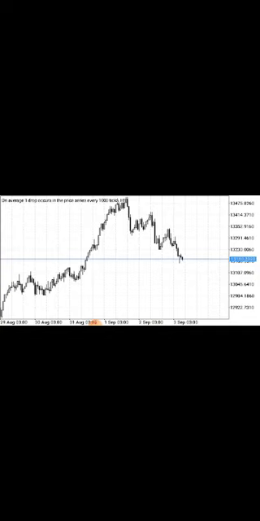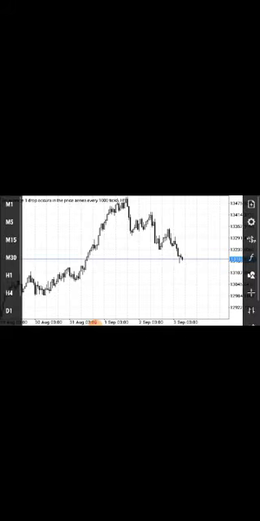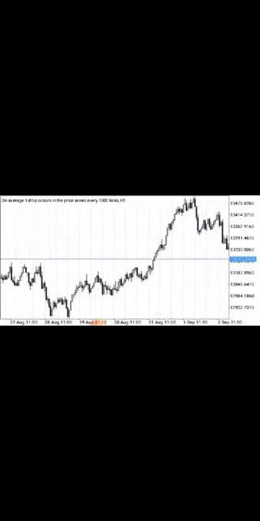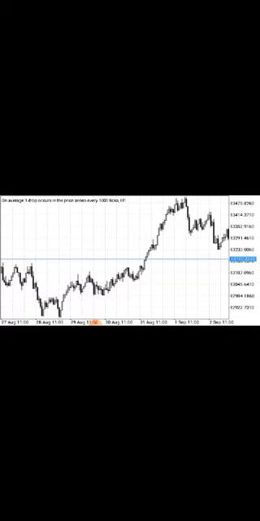Now, the market has three phases. One of the phases is an uptrend. The second one is what we refer to as a downtrend, and the third one is what we refer to as the consolidation period. Now, when the market is in an uptrend, it forms an upper structure.